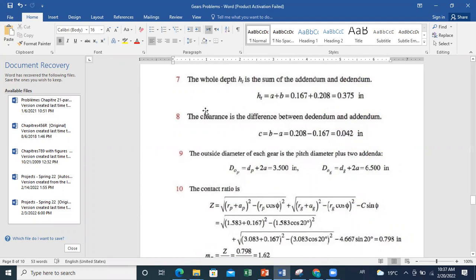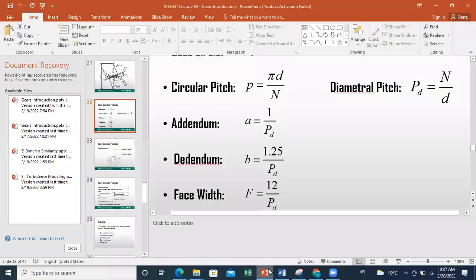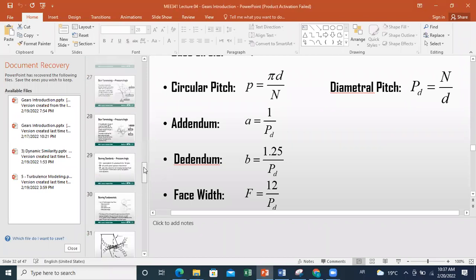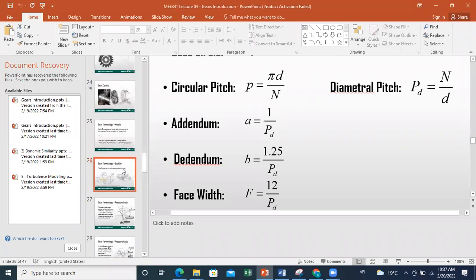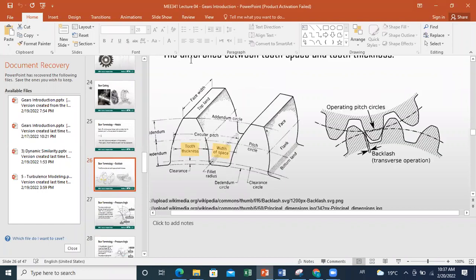Now, the clearance is the difference between the addendum and dedendum lengths. If we go back to the course material, when we talked about the clearance, as you can see here, this is the clearance.